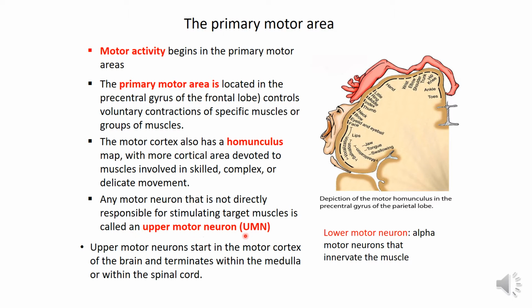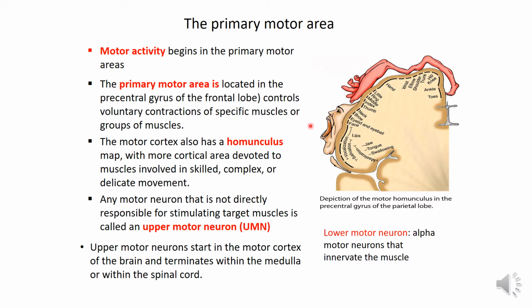But what is the upper motor neuron? The upper motor neuron consists of the motor areas present in the higher centers, such as those present in the brain. For example, the primary motor area, the premotor areas, the basal ganglia, the cerebellum, and different nuclei located in the brainstem. All these areas are known as the higher centers for the production of voluntary movement.